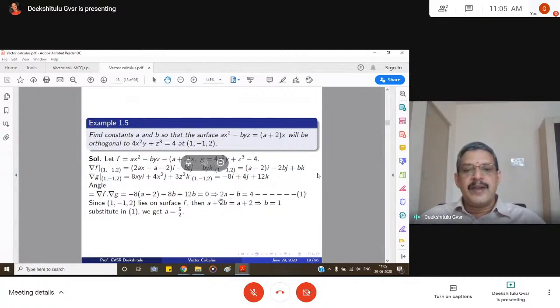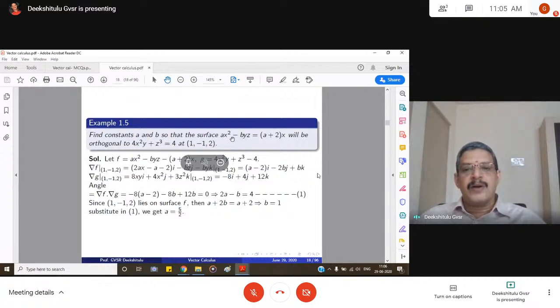Still we cannot find a and b directly. We need some more relation, because a and b are two arbitrary constants that you have to evaluate, and we have only one equation. One more equation is required. Since the point (1, -1, 2) is common to both surfaces, that's why we are able to find the normal at that point.